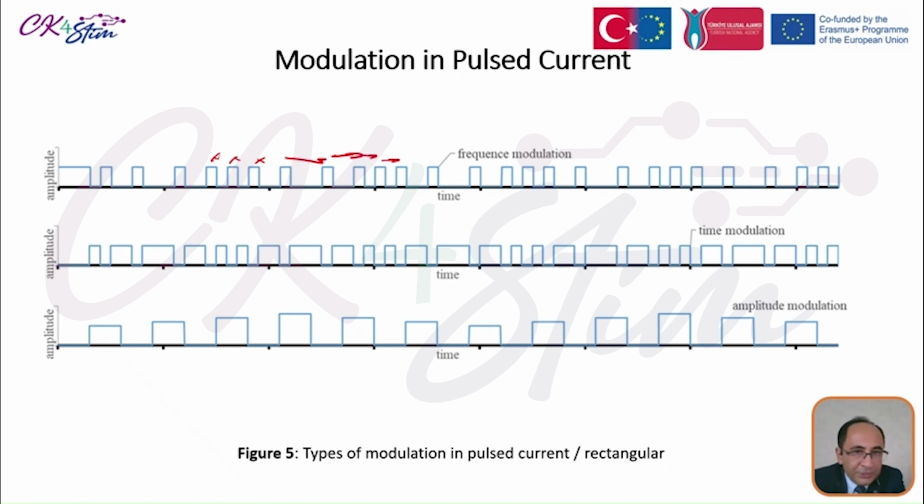So the frequency modulation, the time modulation, in this case, the time for the current application gives us the time modulation. In amplitude modulation, the amplitude can vary. So in modulation of pulse currents, we may observe such modulations or combinations of these modulations together.